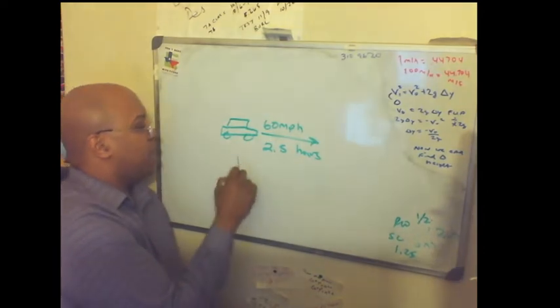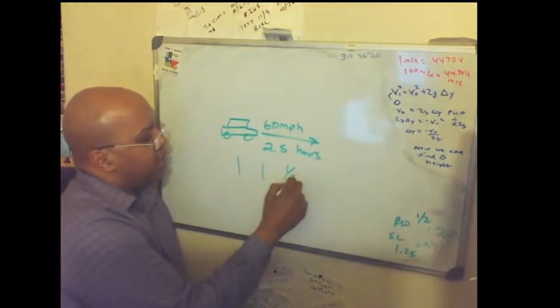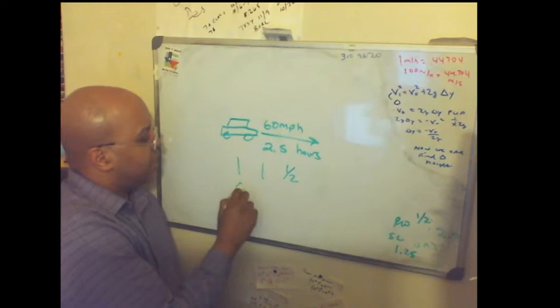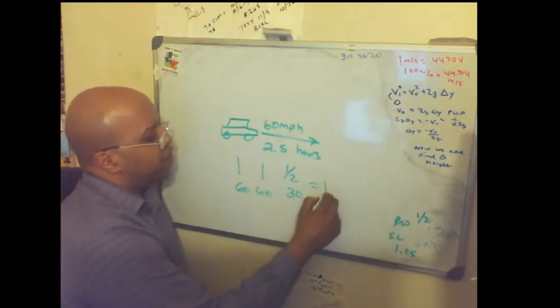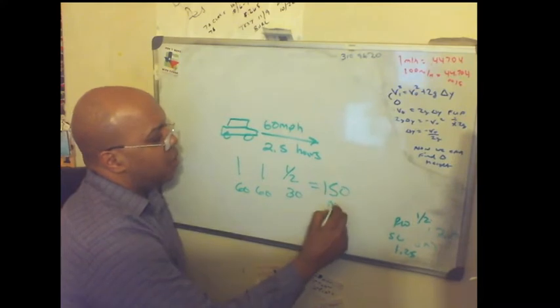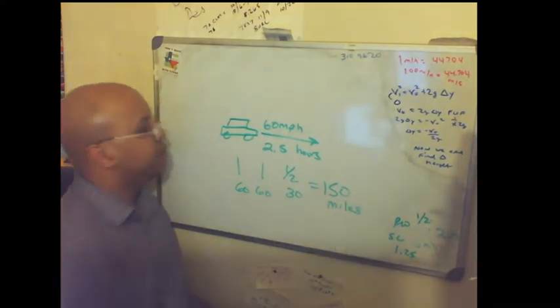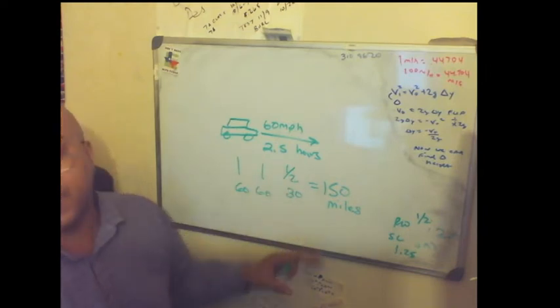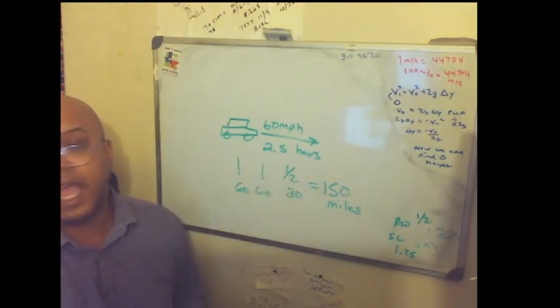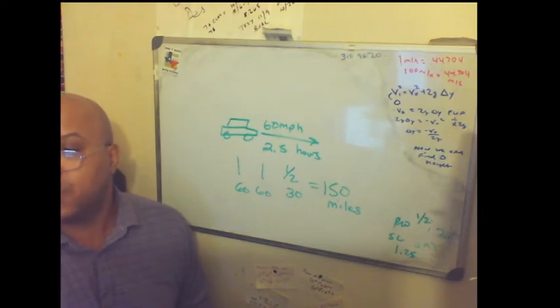So we have 1 hour, 1 hour, and 1/2 an hour. Okay, so we have 60, 60, and 30. 60, 60, 120, 30. All right, 150 miles.